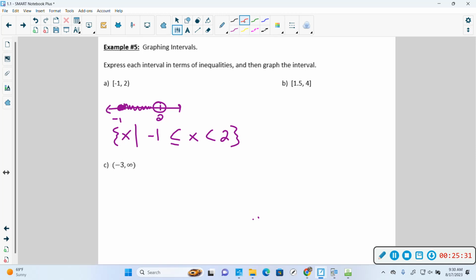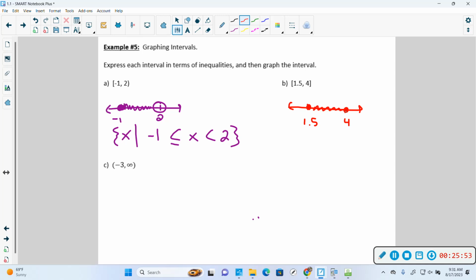So 1.5 up to 4. We got it, piece of cake. 1.5, 4. Open circles, closed circles, or a mix. What do we got? Closed circles. Our answers are in between there. So I'm going to shade that.